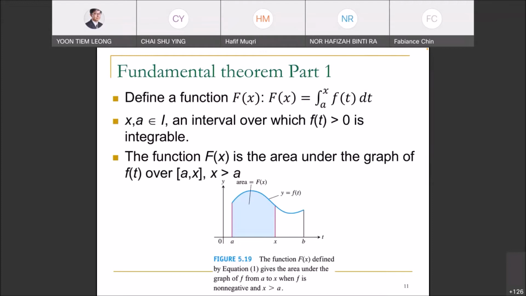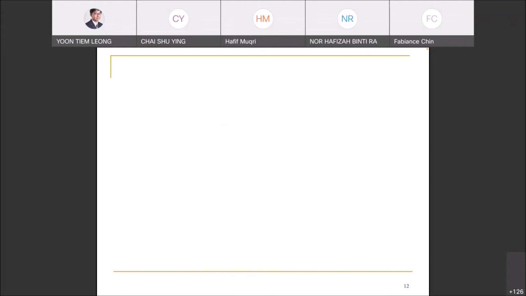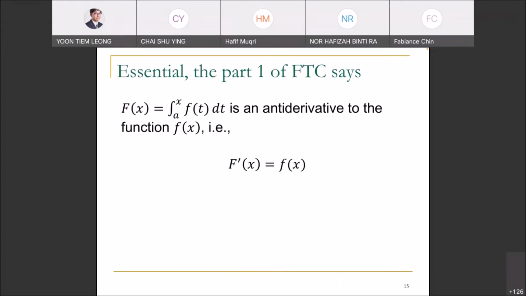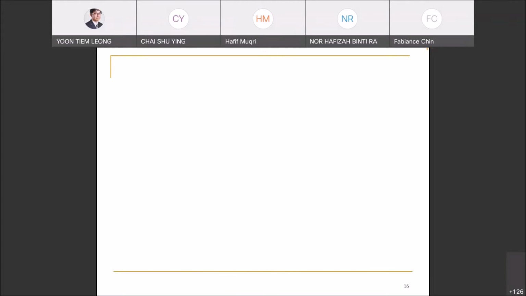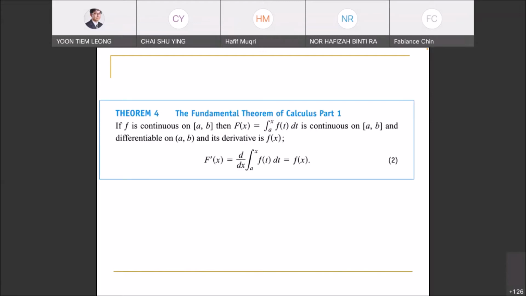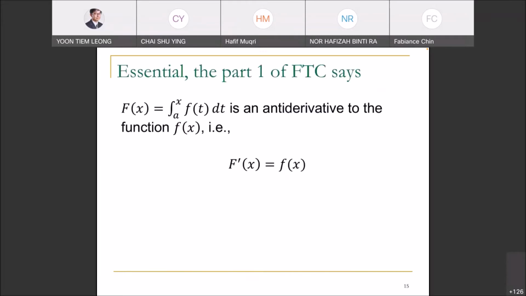So we want to first talk about the fundamental theorem part 1. After we mention part 1, then we go to part 2. Part 2 is the continuation from part 1. So we have to talk about part 1 first.